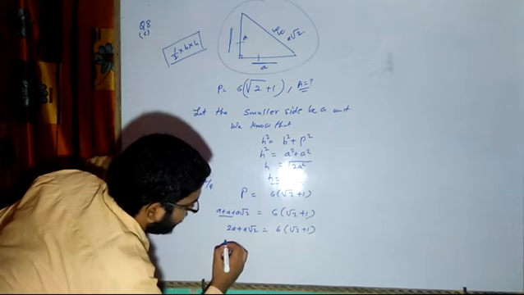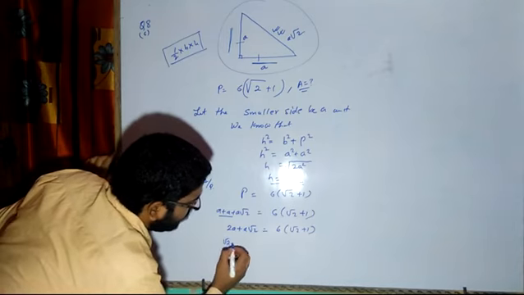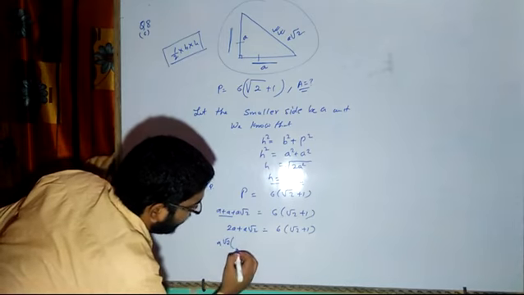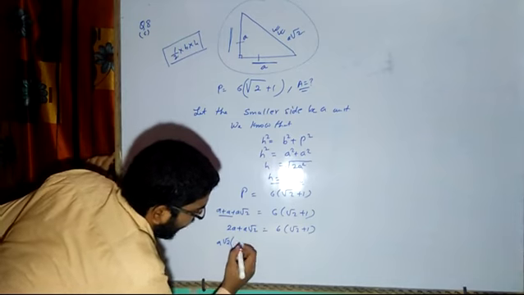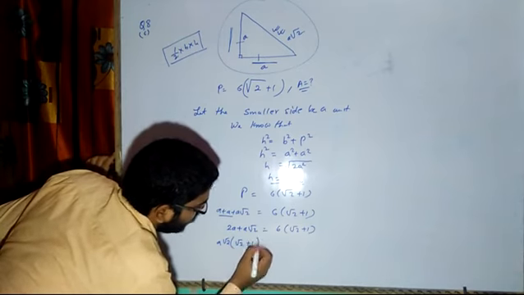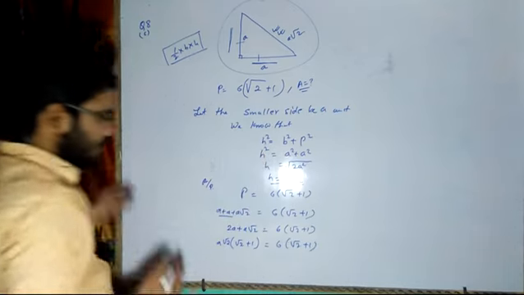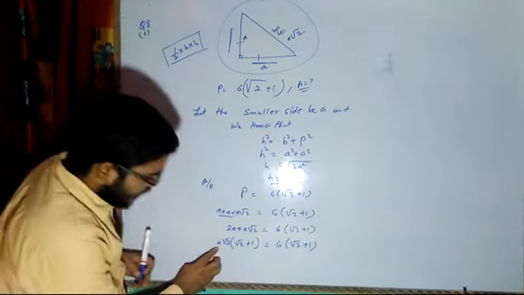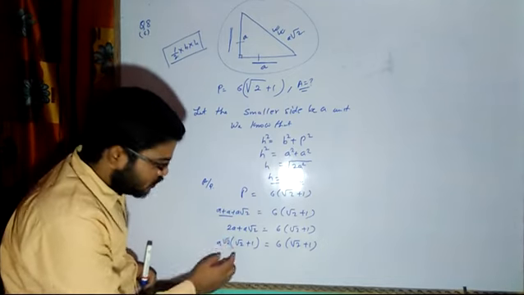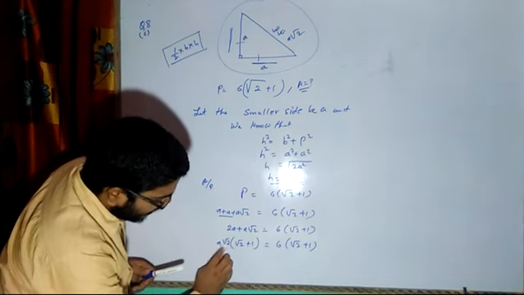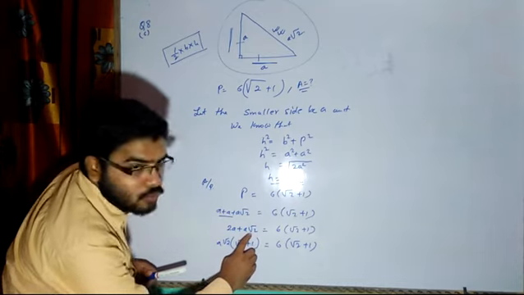Now you see I can take out A root 2 common. So I will be having A (root 2 plus 1) is equal to 6 (root 2 plus 1). Is it clear? A root 2 into root 2 will be 2A, and A root 2 into 1 will be A root 2.